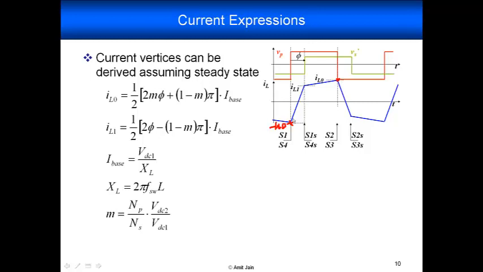So now we know that the current ramp during this time period phi is IL1 plus IL0, and that's happening because of VDC1 plus VDC2 prime across the inductor L, and the current rise in this time period pi minus phi is IL0 minus IL1. That's happening because of VDC1 minus VDC2 prime. And once we have those equations, we can solve for IL1 and IL0.